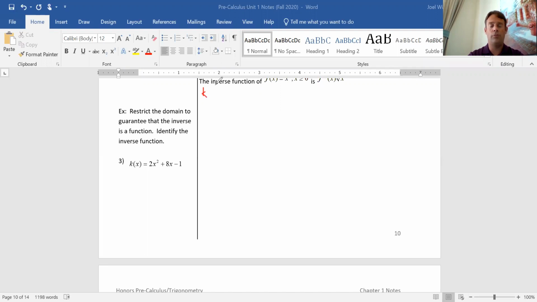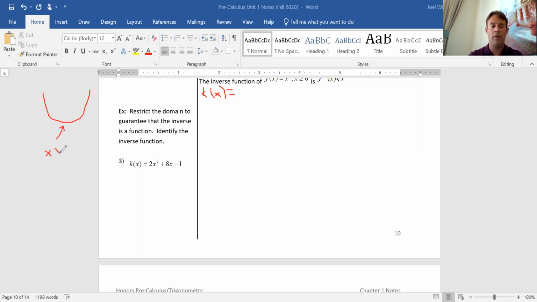So if I want to restrict the domain, notice this is a parabola. In order for me to restrict the domain, I need to figure out where this function is going to turn. In other words, if I were to graph this function, it would look like this. So what I'm really looking for is that vertex, because I'm going to restrict the domain at that vertex.